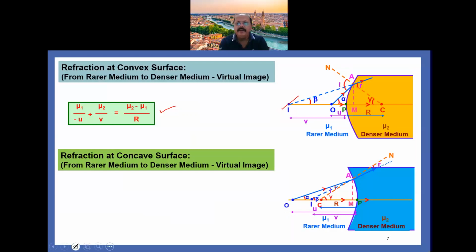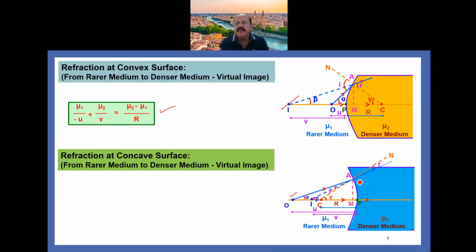So in this ray diagram, the object is placed here and the first ray in the same way incident normally on the concave surface along PO and that passes straight. Another ray which incident along OA and after refraction it bends towards the normal but not meeting to the first refracted ray.